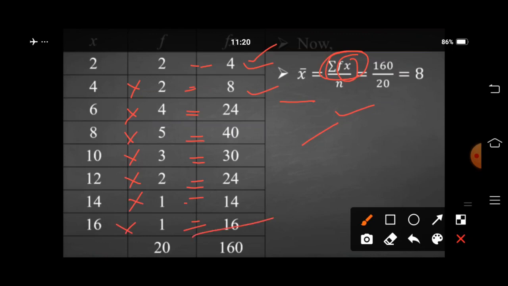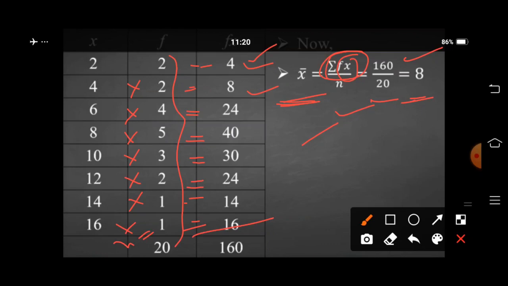Total would be 160. We will write down here 160. The total of the f column would be our n. Write down here n. Now we are having the mean, that is 8.